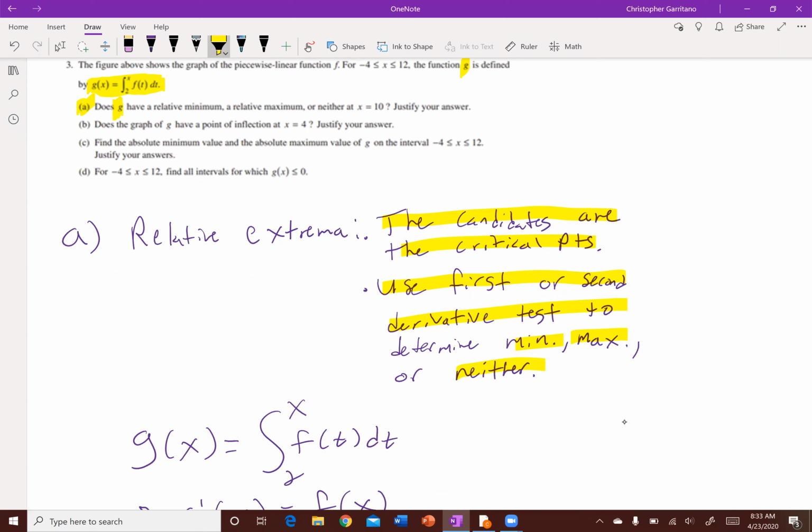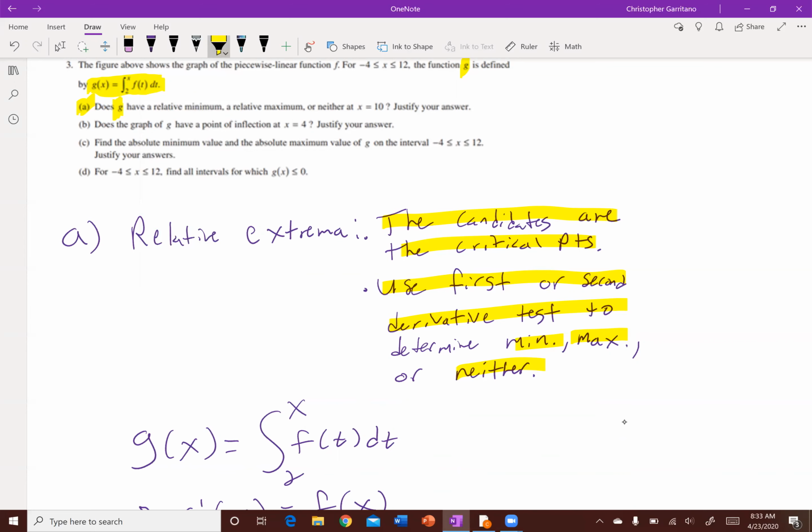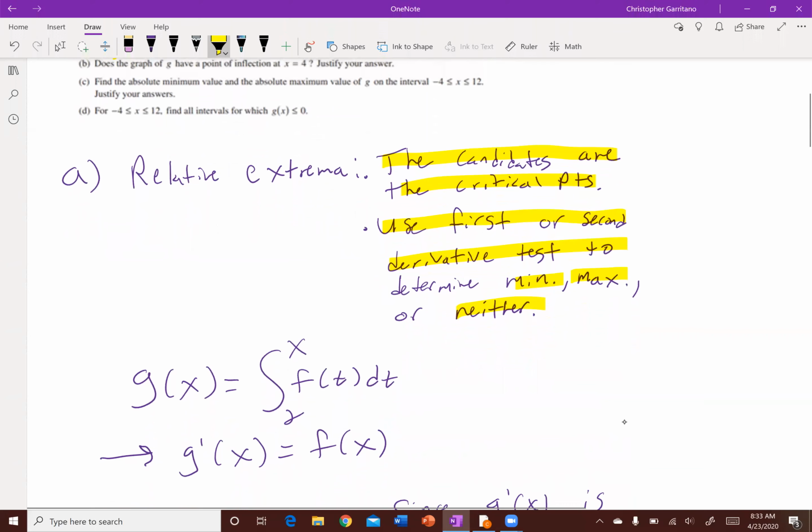Well, if g of x is defined to be this integral, then the fundamental theorem of calculus part 2 tells us that the derivative of g, or g prime, is just simply going to be equal to f of x.